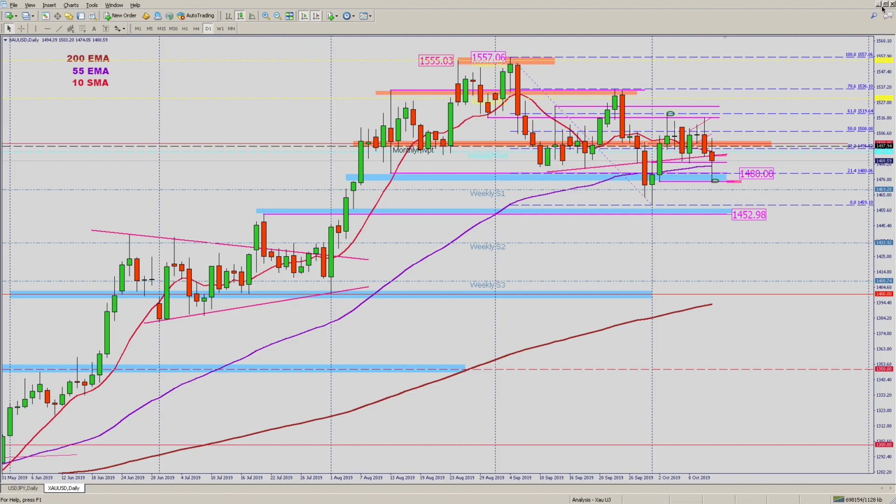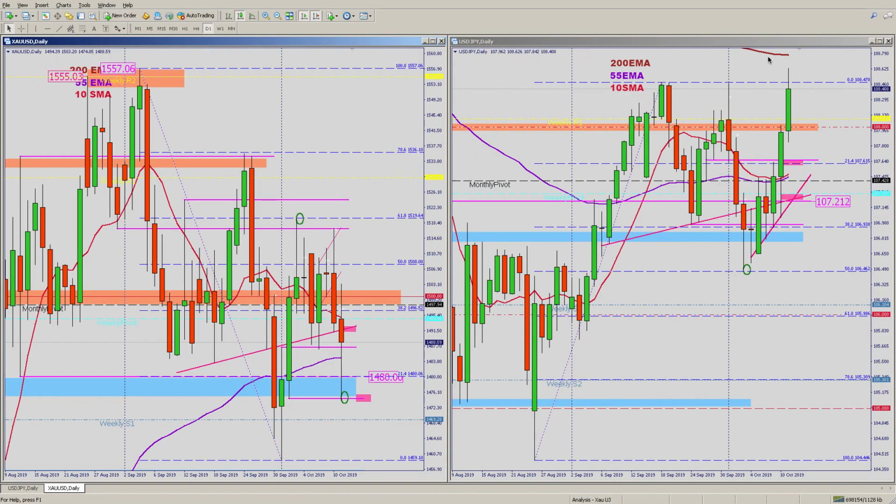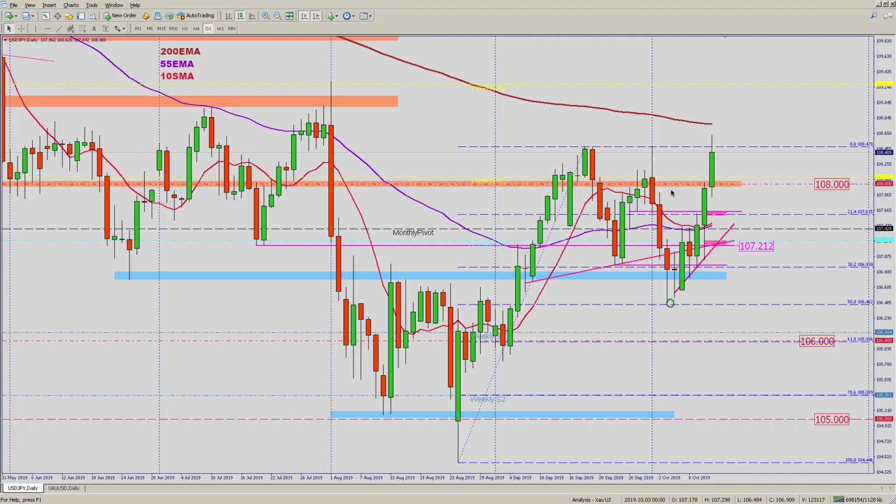Let's move on to dollar yen. So dollar yen, as an inverse correlation, has been climbing back up higher, and it has finally retested the previous swing high, sorry, of last month, as well as the high at the start of the month.